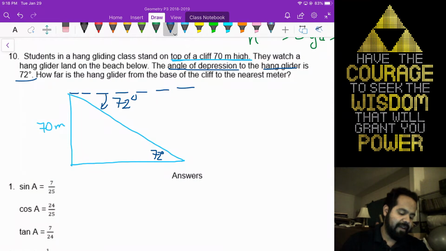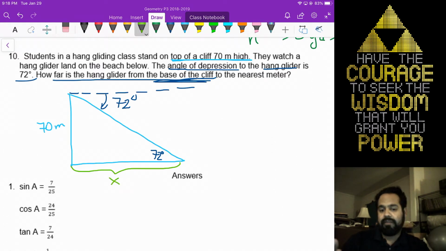Now they're asking how far is the hang glider from the base of the cliff. That's our big one, because the base of our cliff is this length down here. So we got to solve for it. Now I'm no hang glider artist.